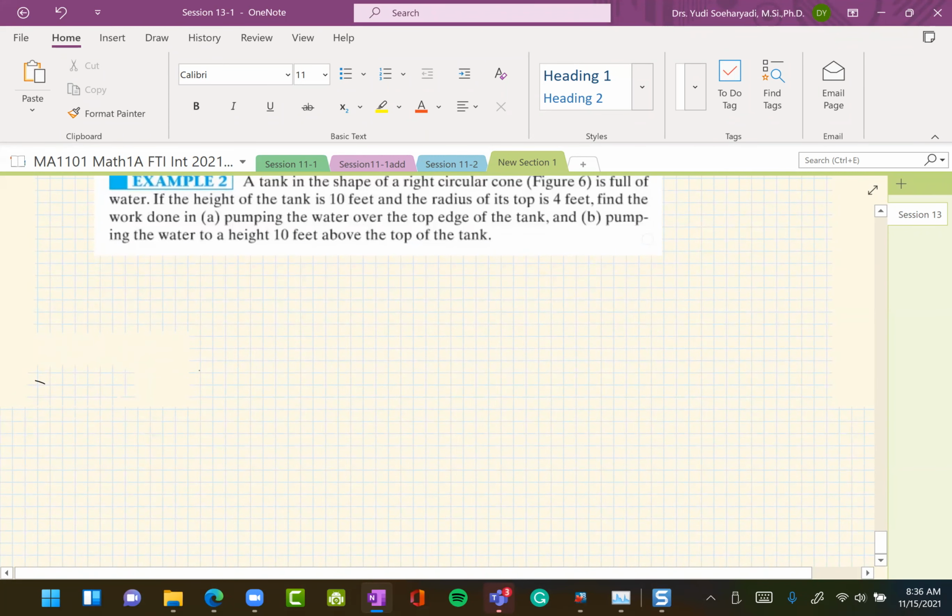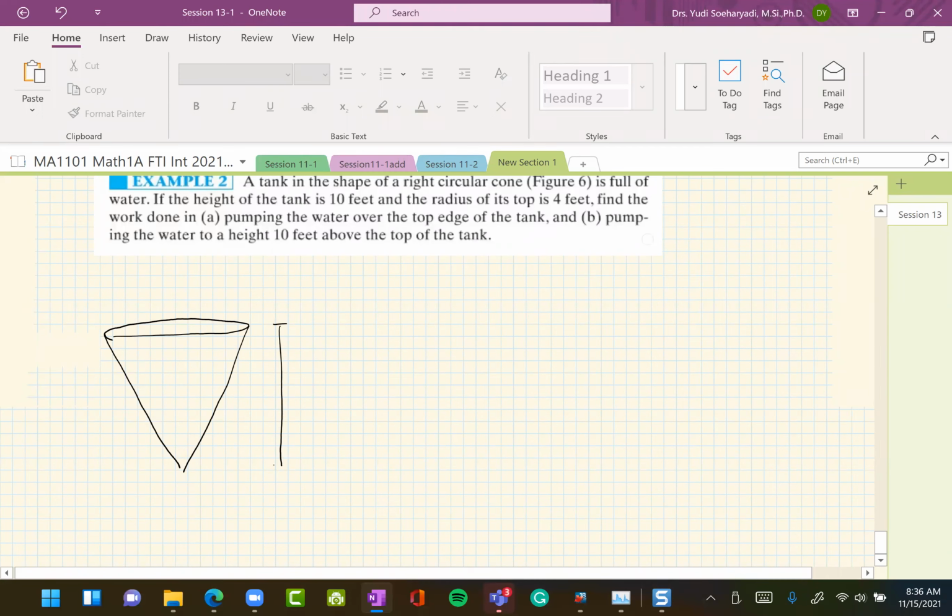We have the tank, a circular cone. This is 10. Radius to the top is 4.